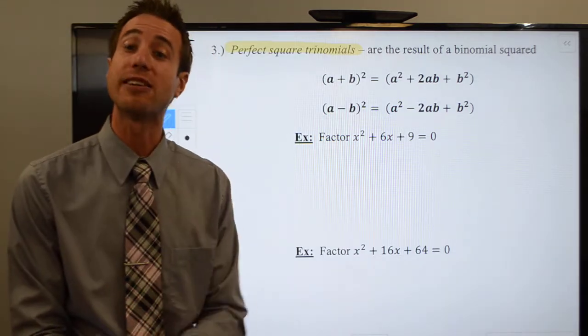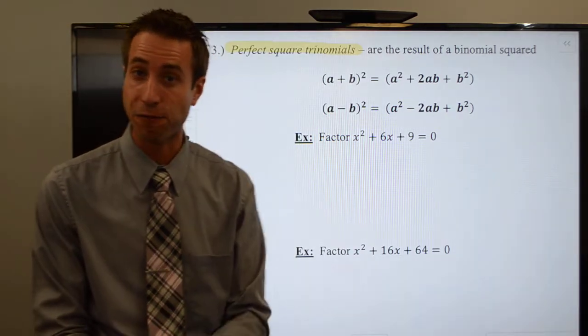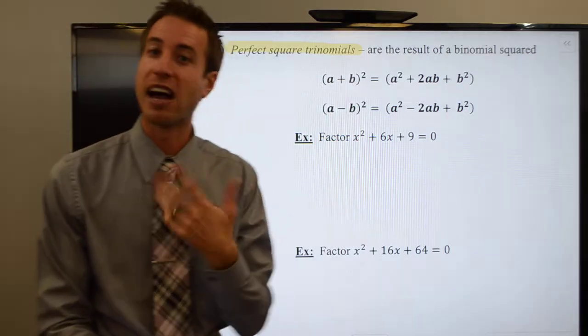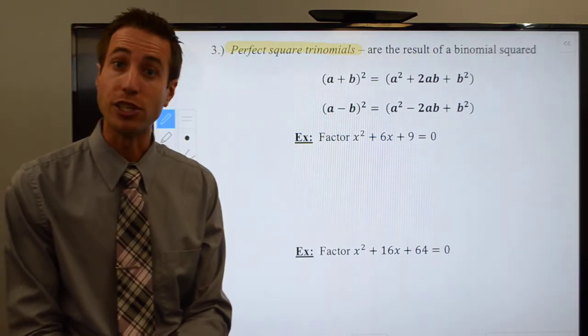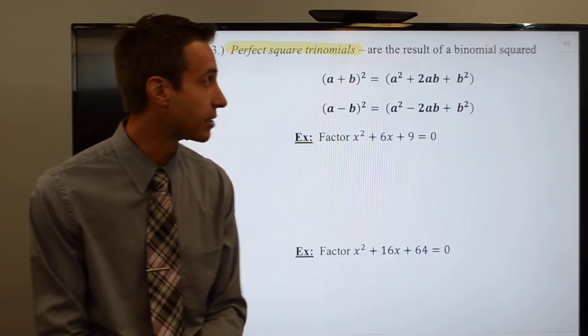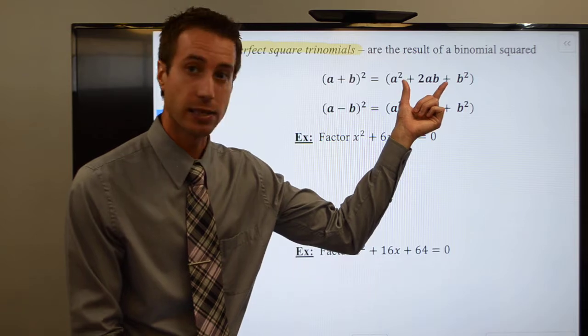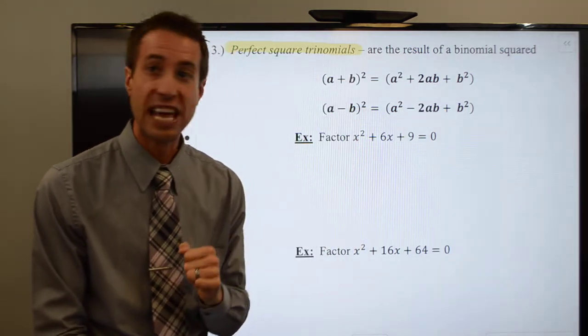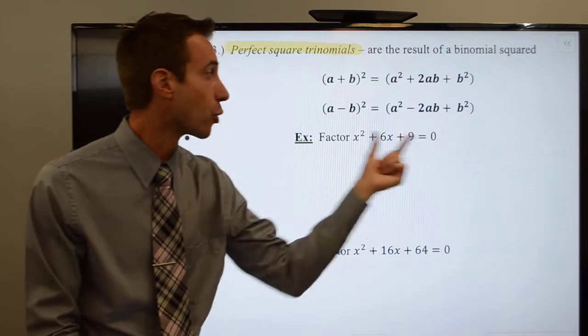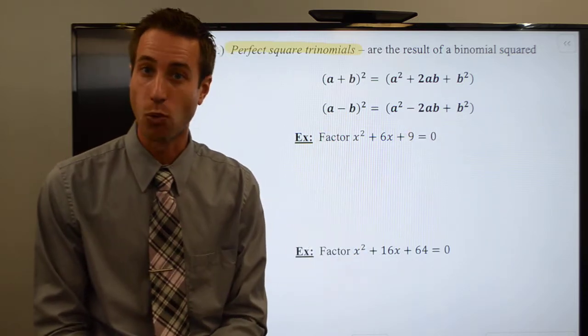Again, just like with difference of squares where you are following a formula, you will again be following a formula. How do you know which one to use? It's actually pretty straightforward. All you have to do is look at the signs. If you have two plus signs, you're going to have the first one. If you have a minus sign and then a plus sign, you're going to go with the second one.